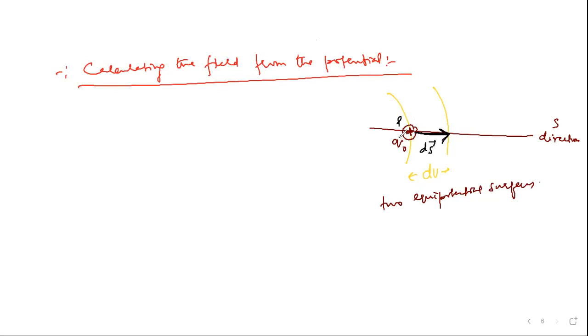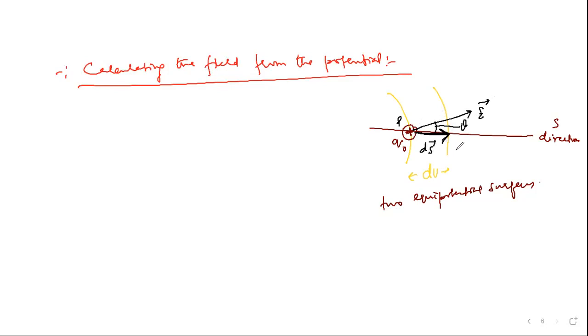Now at point P, when I move it, there is an electric field existing in the space, and at point P, electric field must be perpendicular to the surface there, so it will be somewhat like this. Right? So theta is the angle between electric field and displacement vector. I want to calculate the work done by the field as I move the test charge from one surface to other surface along direction S.